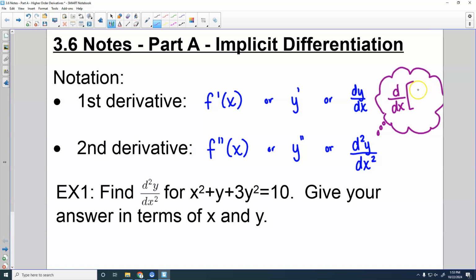So if we're taking the derivative of the derivative, then notice you have two d's here and your y, and then the dx squared. Technically, you would need parentheses around that dx, but I guess that's more cumbersome than they wanted for the notation. So this is what you would use for that second derivative. Most of the time it's going to be in the problem, so you don't really have to worry too much about where those squares are at, but this is why it is the way it is.